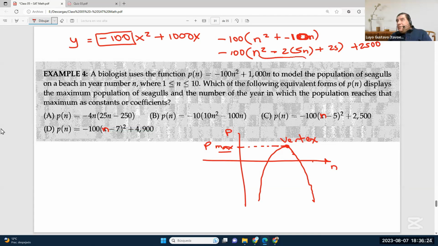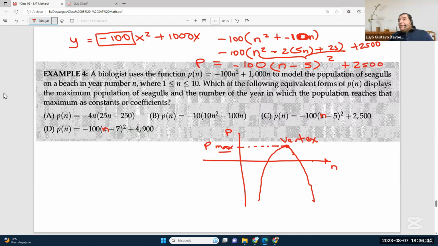So this, if you factor, is simply (n minus 5) squared. So this is the vertex form: -100 times (n minus 5) squared plus 2500. That's it.